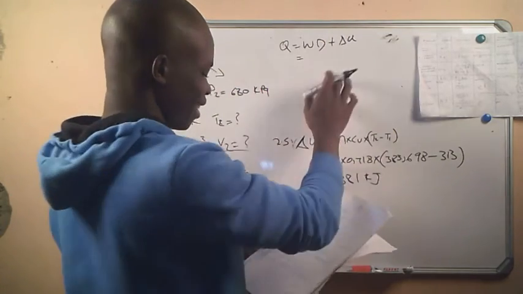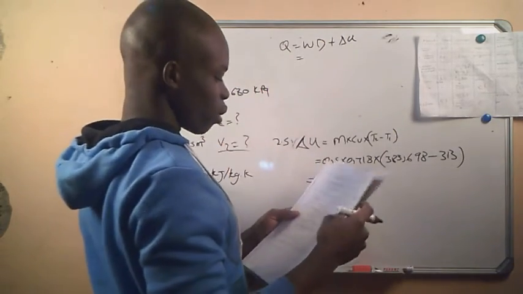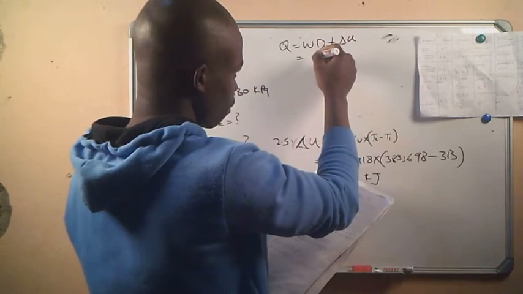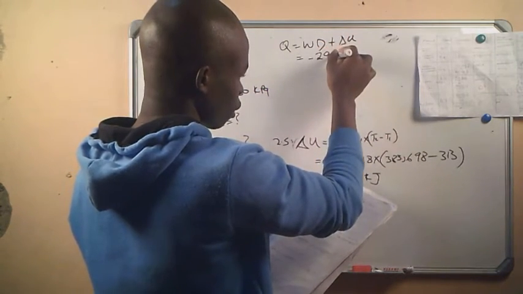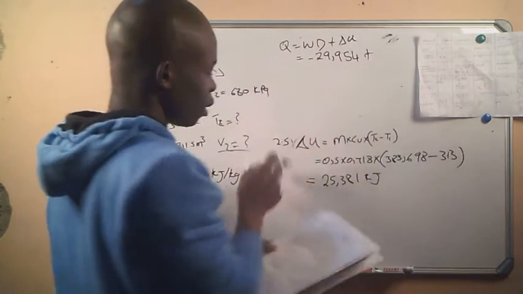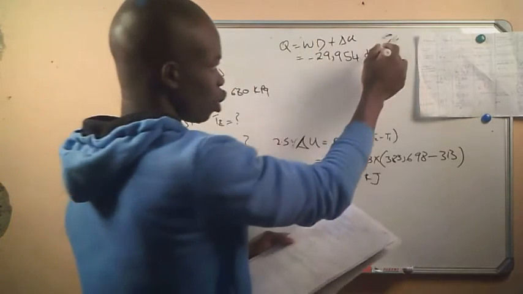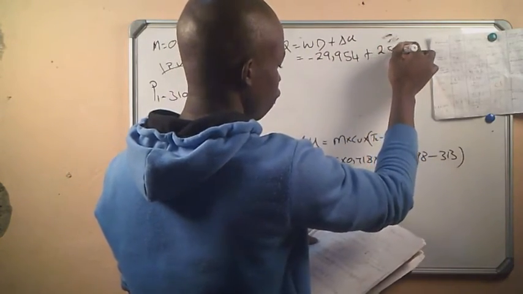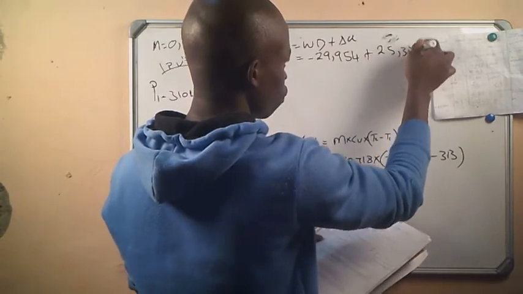I've just erased it, and we got a value of minus 29.954, plus a change in internal energy, which is 25.381.